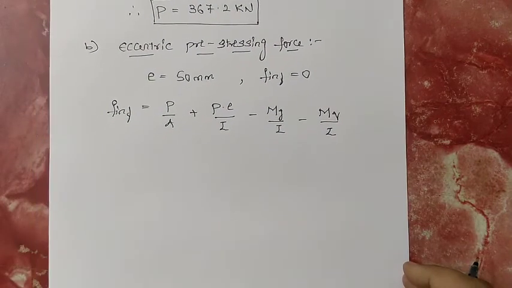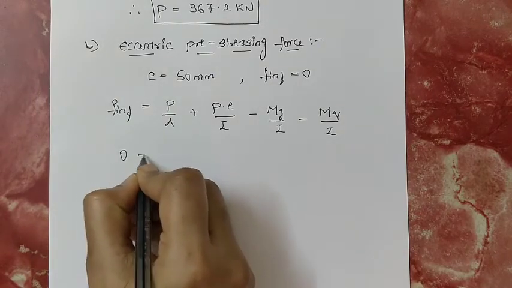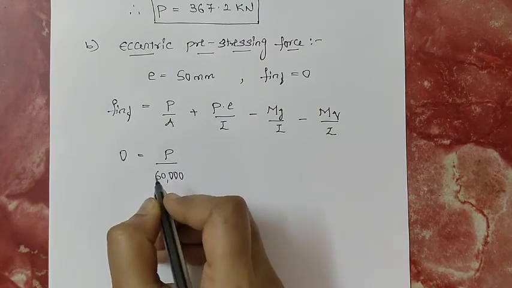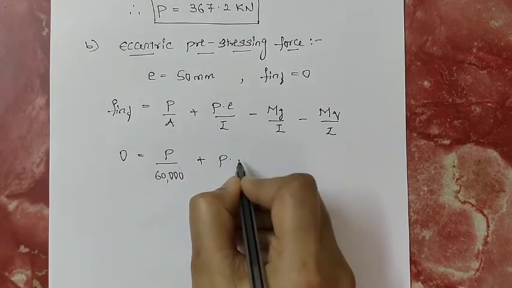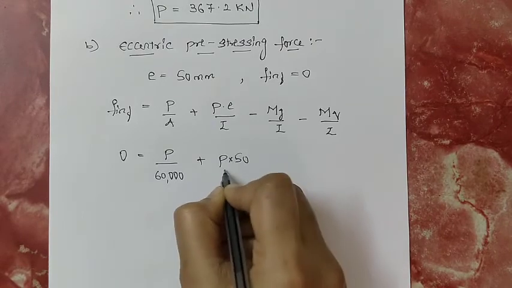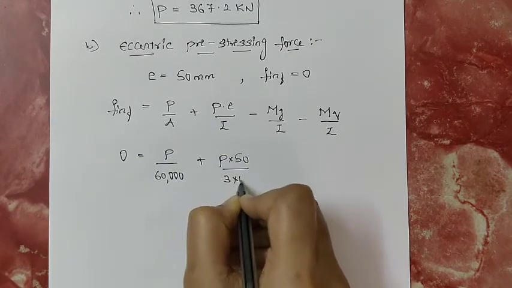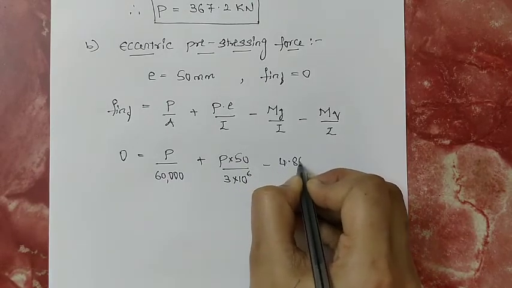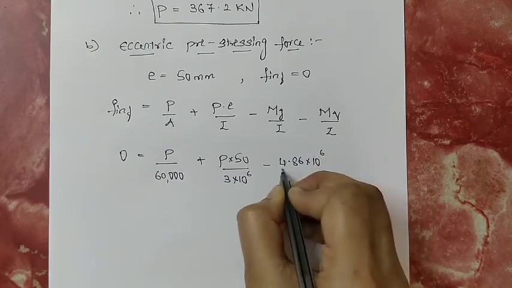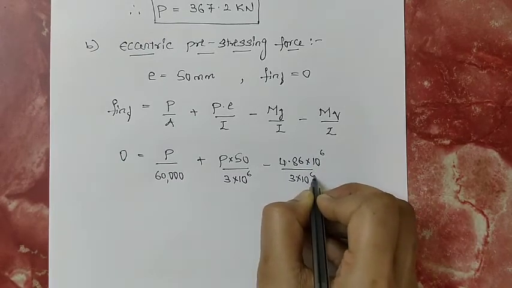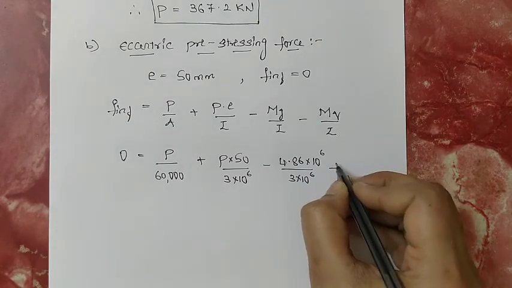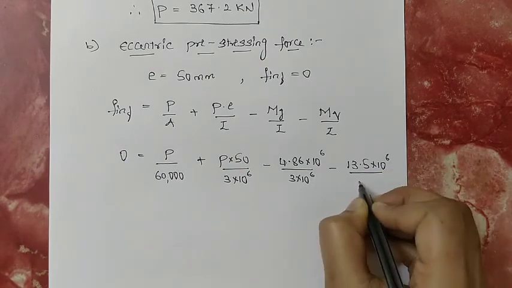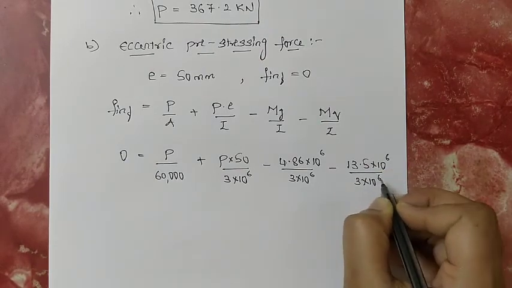Substitute the value. F inferior is 0. You need to calculate P value divided by 60,000 plus P, E value it is 50 divided by ZT it is 3 into 10 to the power of 6, minus Mg value it is 4.86 into 10 to the power of 6 divided by 3 into 10 to the power of 6, minus MQ value it is 13.5 into 10 to the power of 6 divided by 3 into 10 to the power of 6.